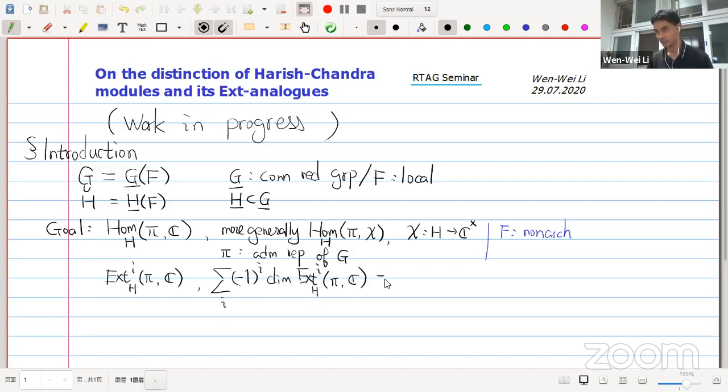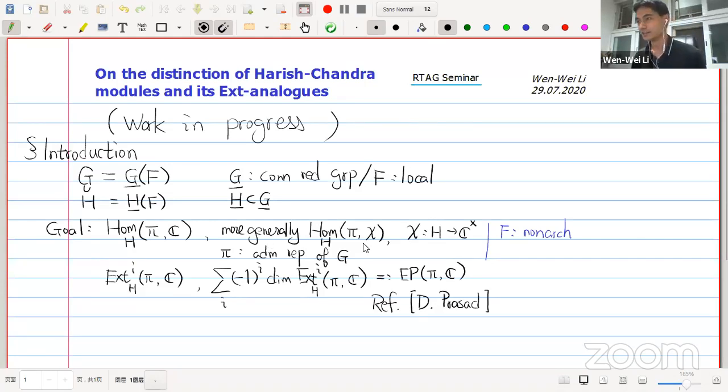Let's call this EP, the Euler-Poincaré characteristic of pi and C. Some conjectures have been proposed, say by Dipendra Prasad in a paper called Ext-analogues of branching laws, in a much broader framework, but for non-Archimedean fields only.